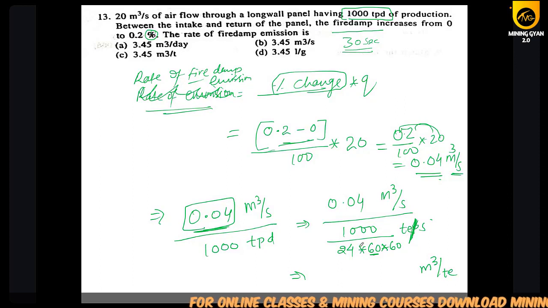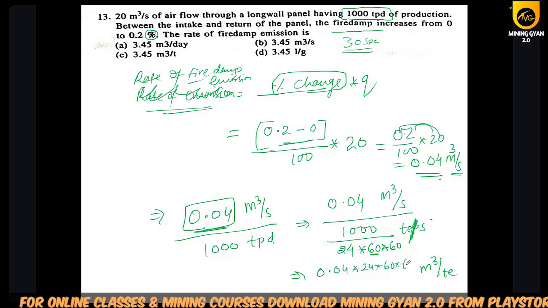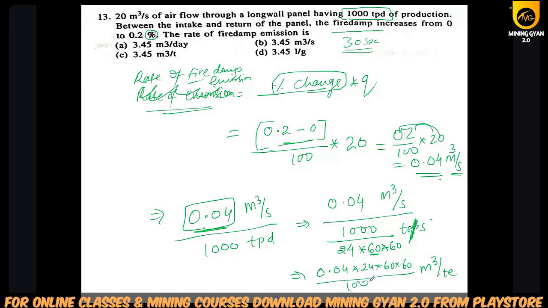Now the question is just simple: 0.04 into 24 into 60 into 60 divided by 1000.